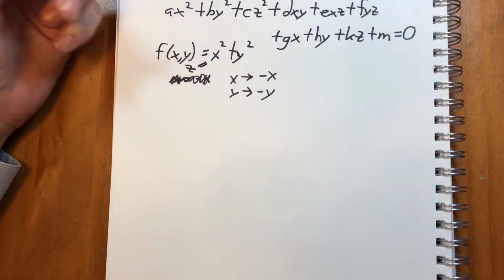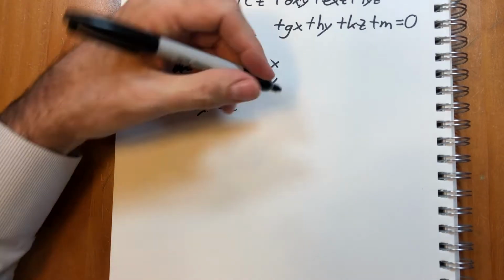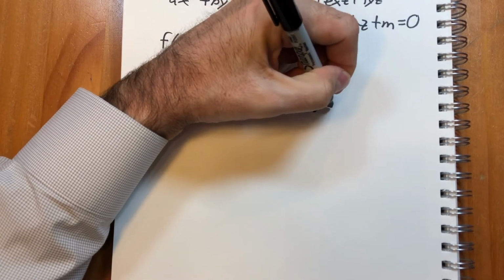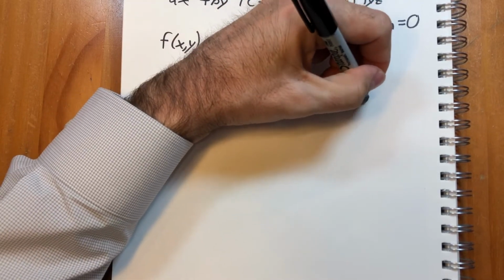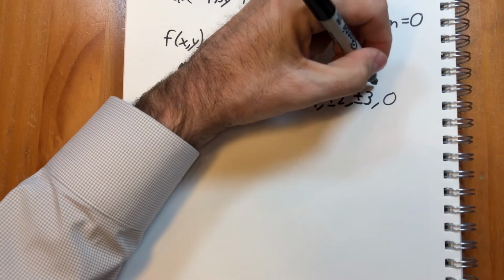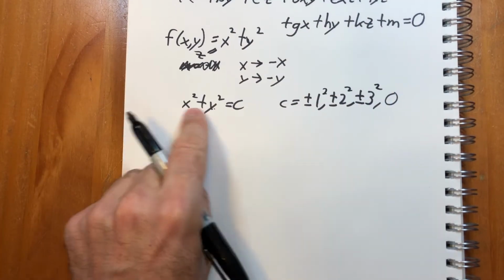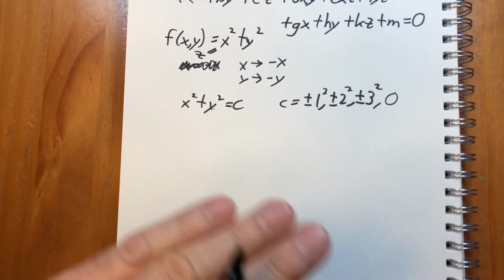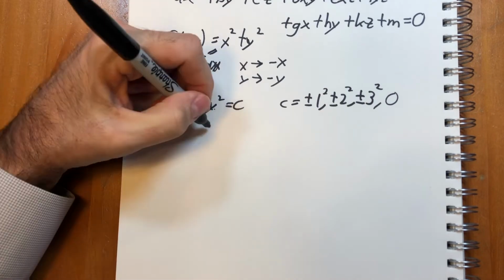If we set z to a constant, then we get a circle. So if we take c equals 1, 4, and 9, then we'll have circles of radius 1, 2, and 3. And these circles would be placed on the plane at z equals c.